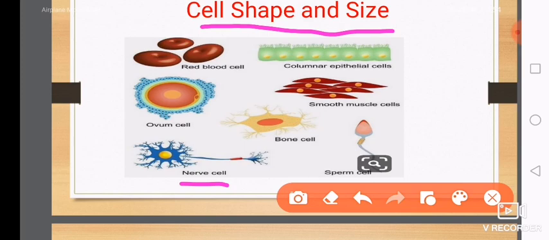And also, some cells, for example amoeba, don't have a fixed shape. Yes, you have studied about amoeba in lower classes. They keep on changing their shape. While most of the other cells have a fixed shape. So I hope you have understood each and everything of today's class.